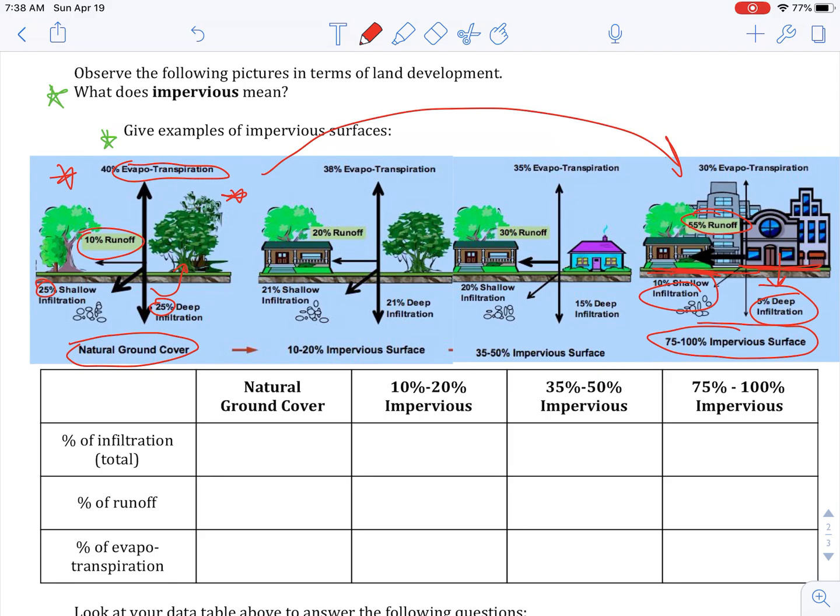Well, those cars are probably leaking different chemicals like oil or gasoline or antifreeze or whatever the case is. Well, that's going to sit there on that impervious surface until it rains. And then once it rains, it gets picked up by the rain and runs off into bodies of water.